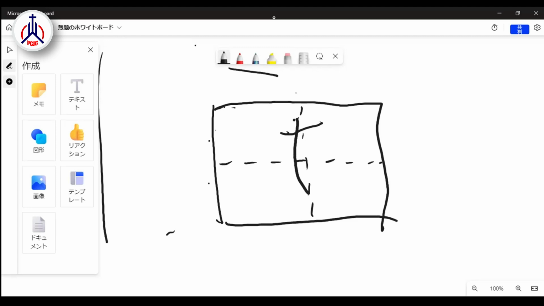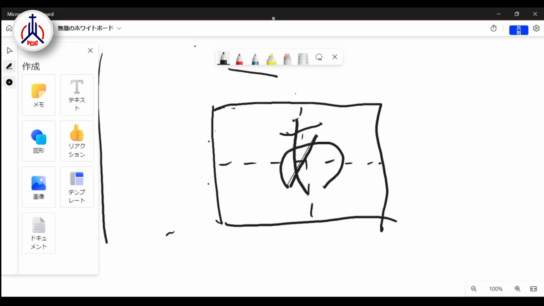And then from here, that is the first and second stroke, and then the third stroke. There should be a space here, and this one should be the same as here.